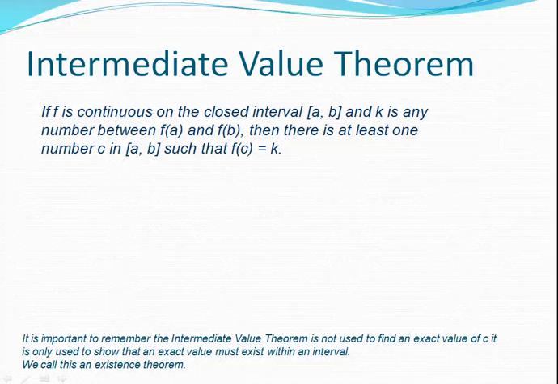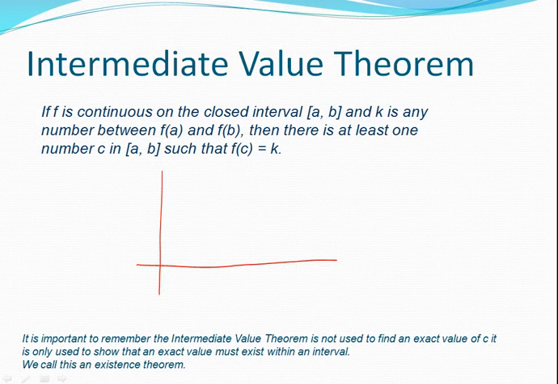The intermediate value theorem describes the relationship of a continuous function. If my function is continuous on a closed interval, remember that means that the values of my endpoints are included. So if I have an endpoint A, then I must have an f of A in my function.